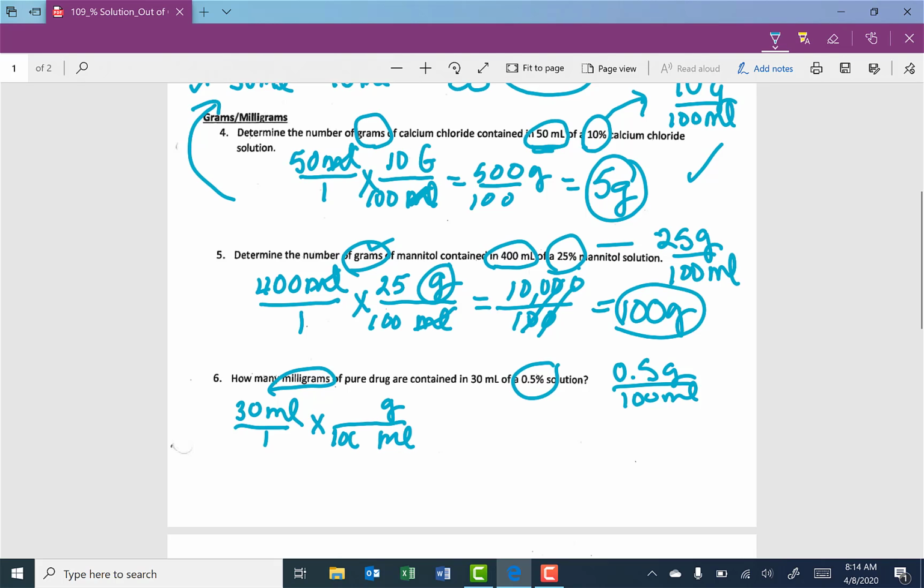We have 100 here and 0.5. And 1/2 of 30 is going to give you 15 grams over 100, which is going to give you 0.15 grams. So you would need this many grams in 30 milliliters to have a 0.5% solution.